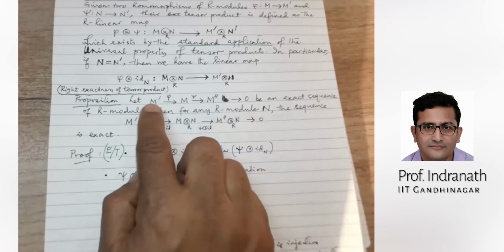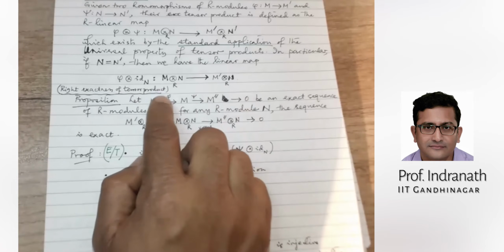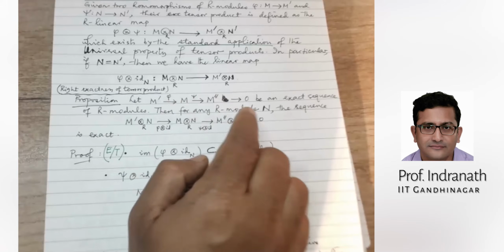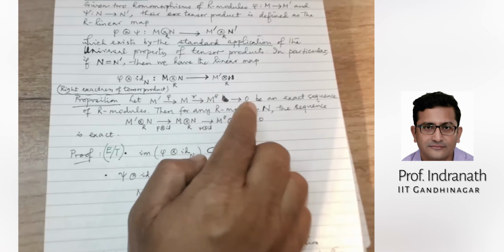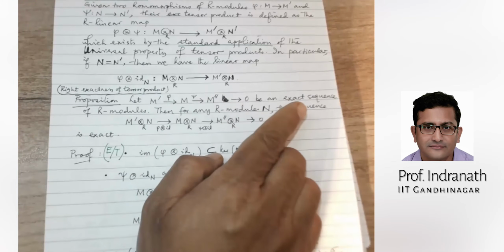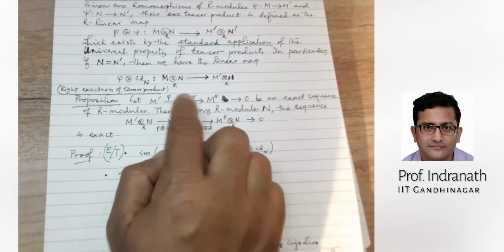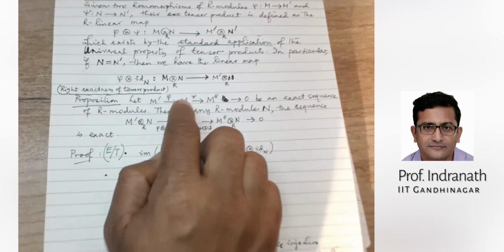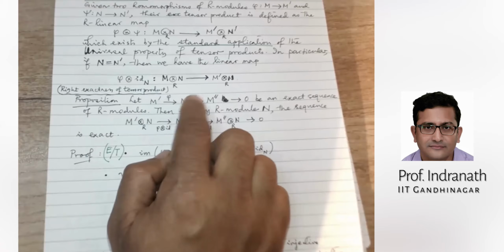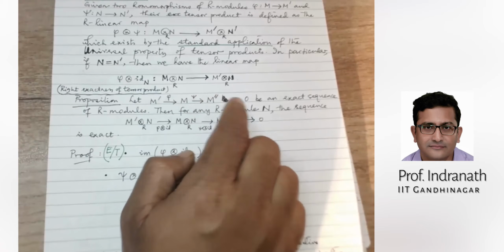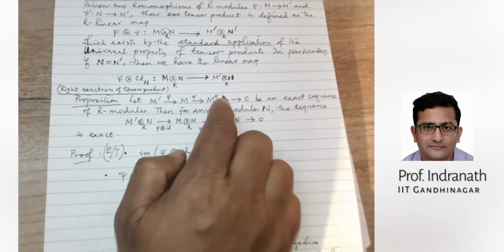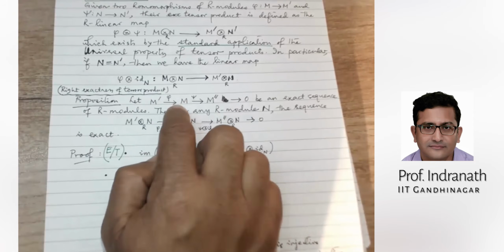That if you have this exact sequence of R modules, M dash to M to M double dash to 0. When you say it is an exact sequence, let us quickly recall, that means you have these R module maps, and the image of this is equal to the kernel of this. And similarly, the image of this is equal to the kernel of this. That means psi is surjective, right? So at every spot, it is exact.